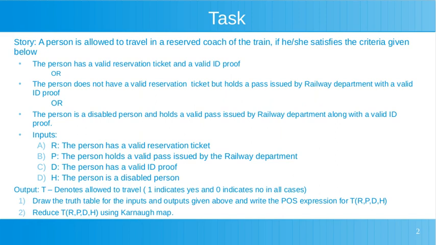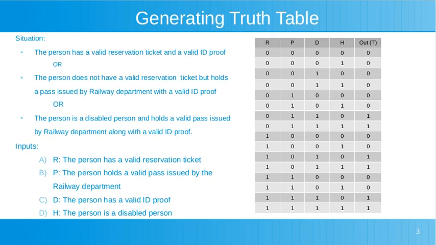So now let's start. So situations are these: the person has a valid reservation ticket and a valid ID proof. So these are the inputs here, 4 inputs R, P, D, H. To make the truth table there will be 2 to the power 4, that means 16 rows.